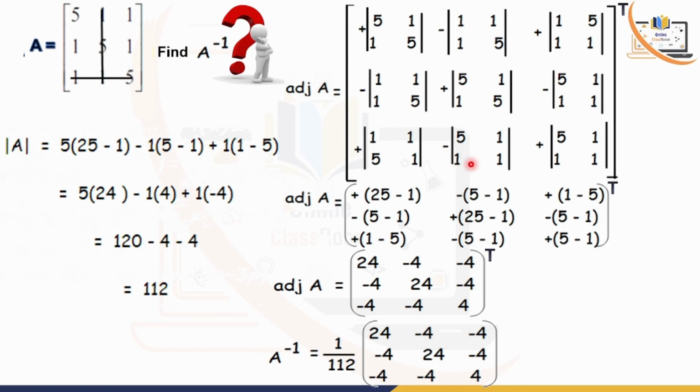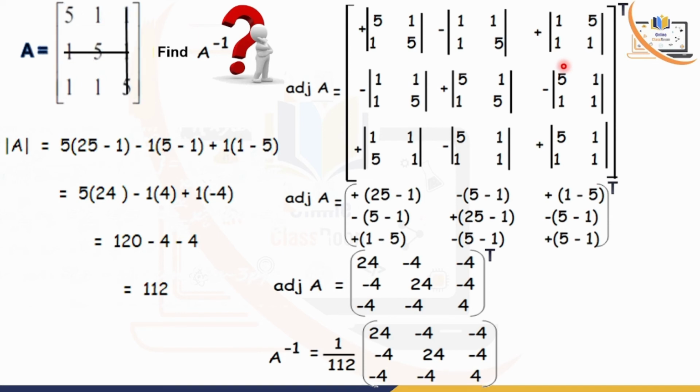Now we move to the last column. If the corresponding point is 1, the minor becomes 1 5 1 1. Similarly, we can easily consider the next minor together with the symbol, and also the next minor together with the symbol. So that is the total matrix.